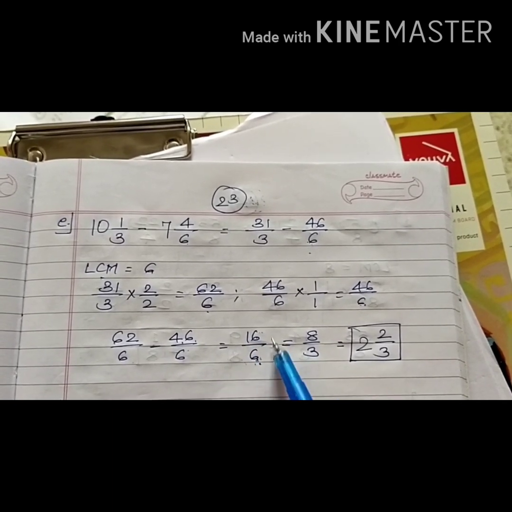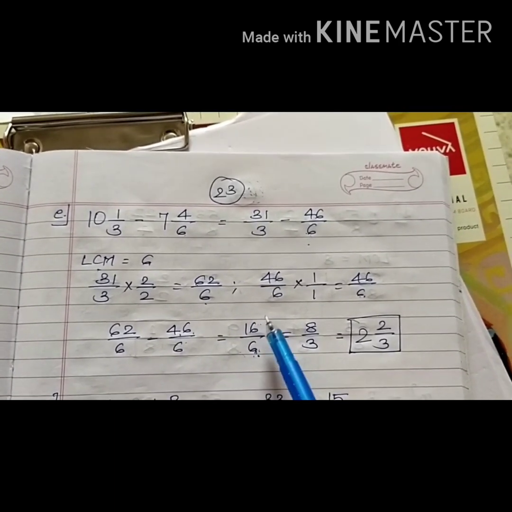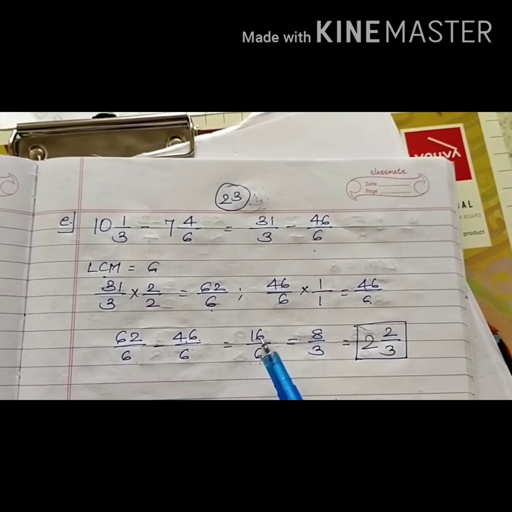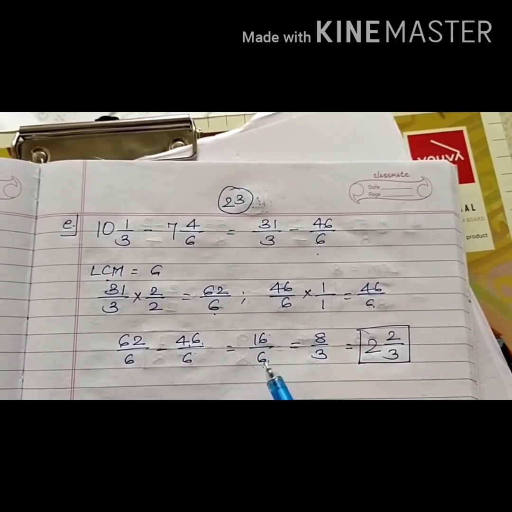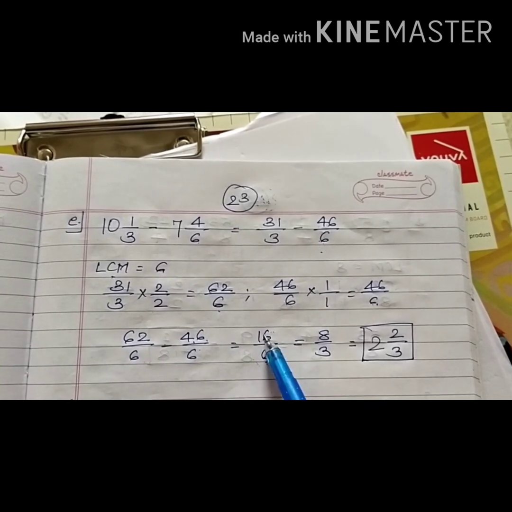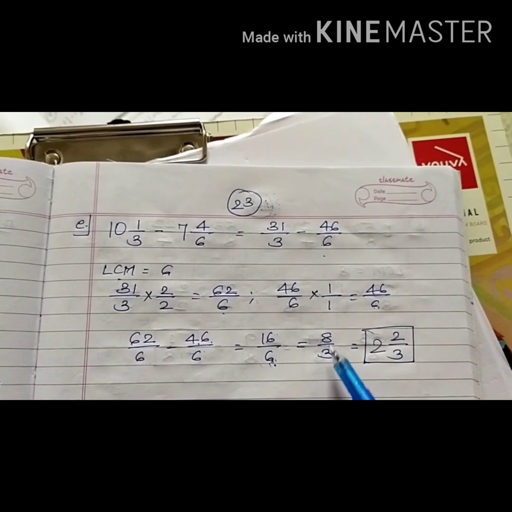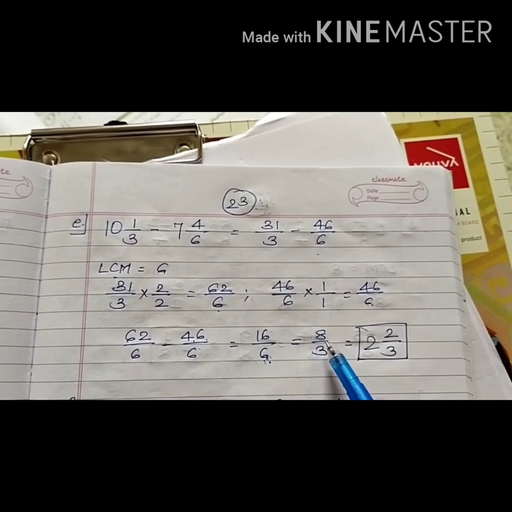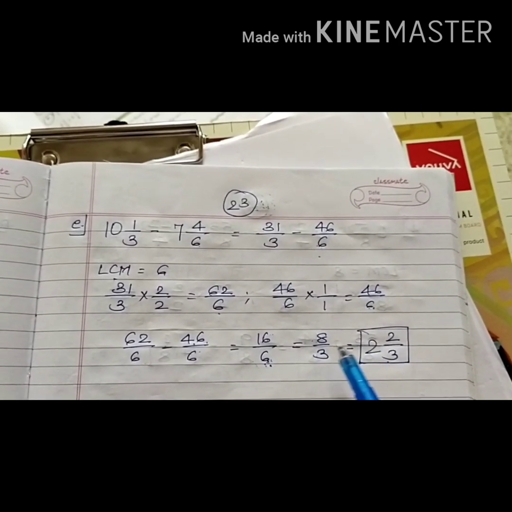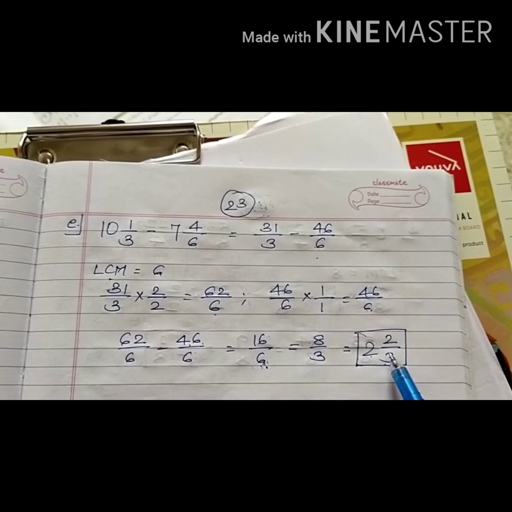Even if you get a proper or an improper fraction as the answer, first you have to check whether it can be reduced. So I can reduce it by 2: 2 3s are 6 and 2 8s are 16. Now I cannot reduce further, but my answer is still an improper fraction and it can be converted into a mixed fraction. So it becomes 2 2 by 3.